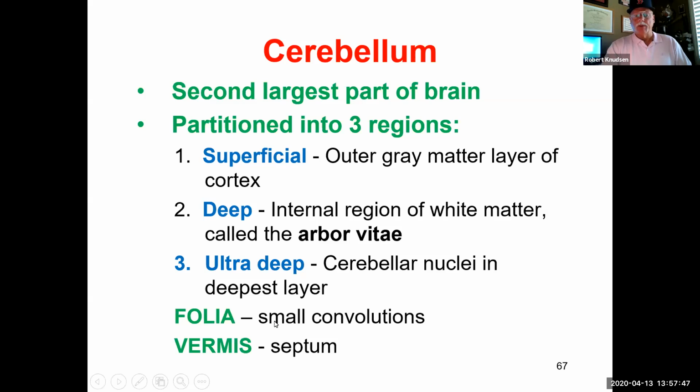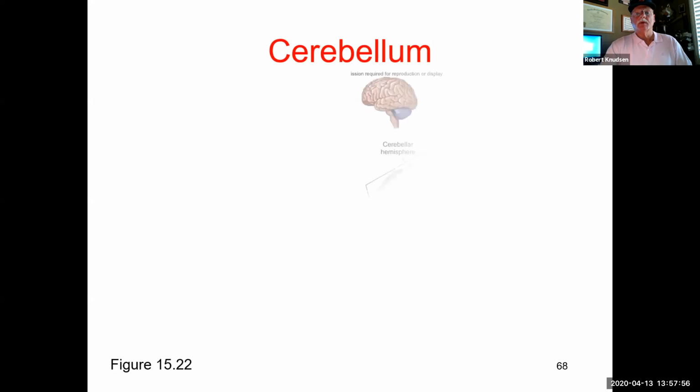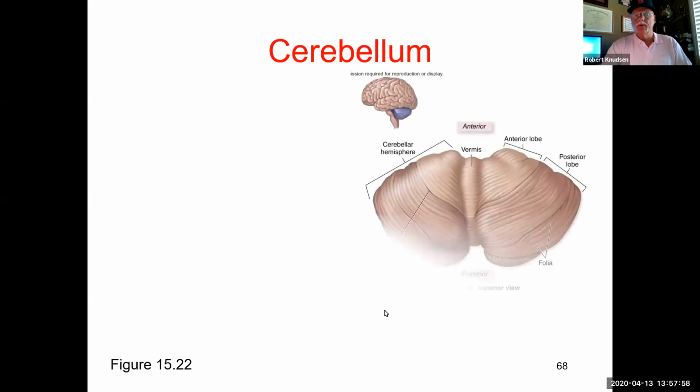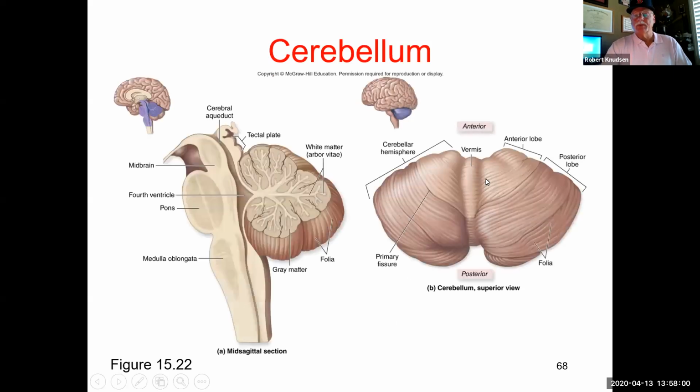And you can see folia, the small convolutions, vermis, what separates the two major lobes. Picture, here we go. See the folia, all those little ripples? And here's the vermis that connects the two. Here's what it would set in the brain. Remember I said there was an upper mass, a middle mass, and a lower mass.